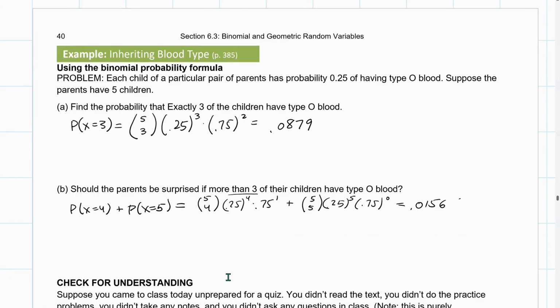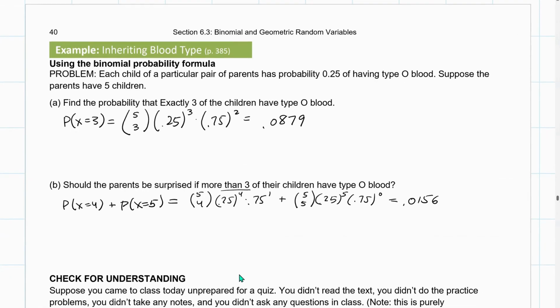Now, because that number is less than 5%, and 5% is our arbitrary value for being surprised, we would say, indeed, I would be surprised, because the probability is less than 5%.